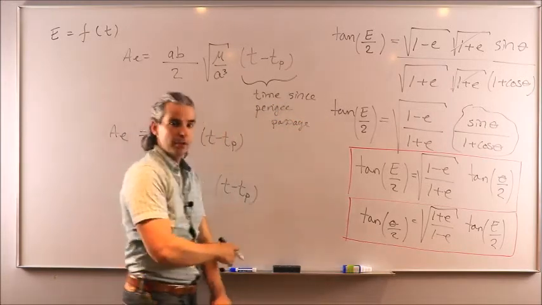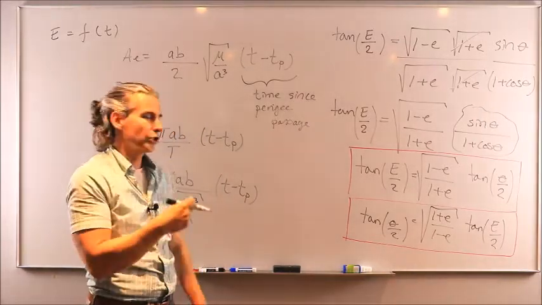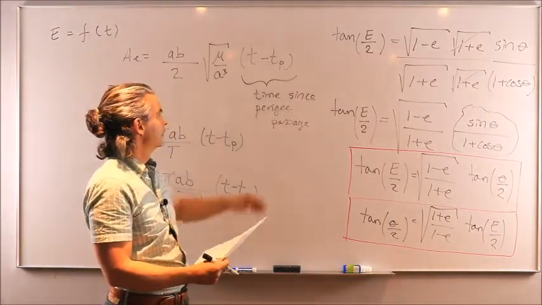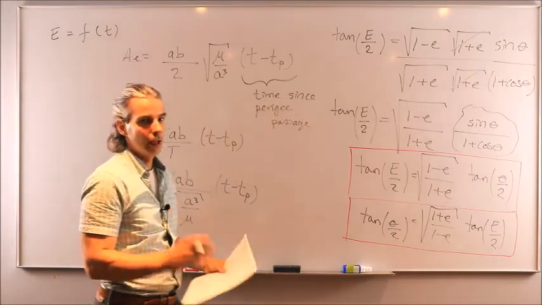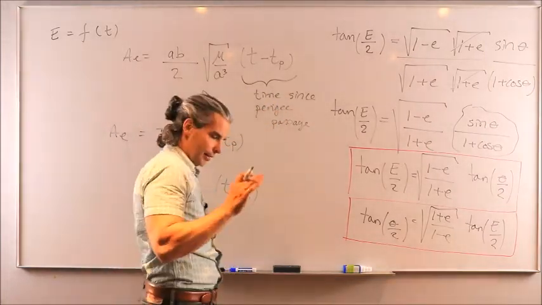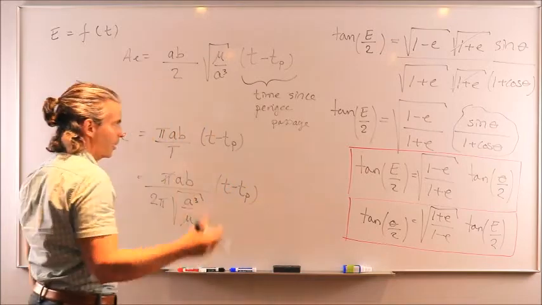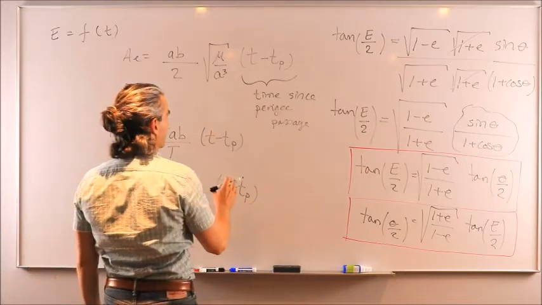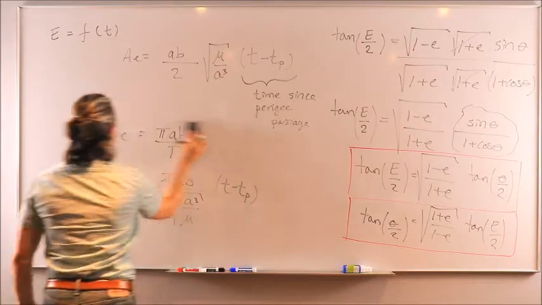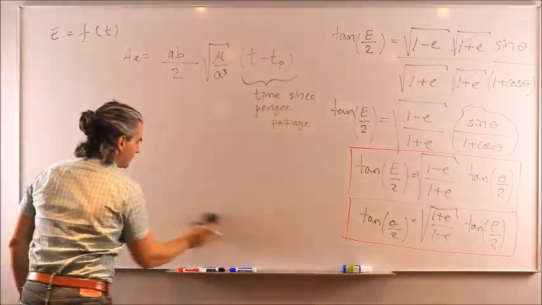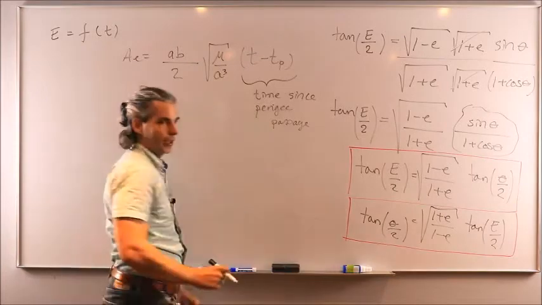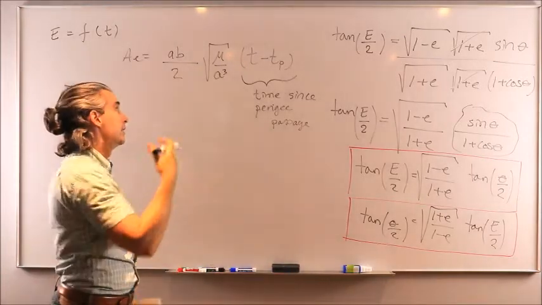There might be a question about this in the midterm, so make sure that you know the difference between since perigee passage and of perigee passage. And pay attention to the wording in any exams or any problems that you happen to be working on. Again, AE here on the left-hand side is the area swept by a position vector over a time interval defined by T minus TP.